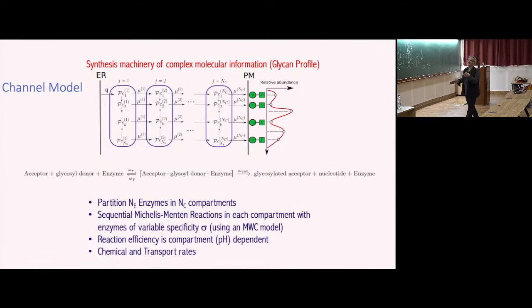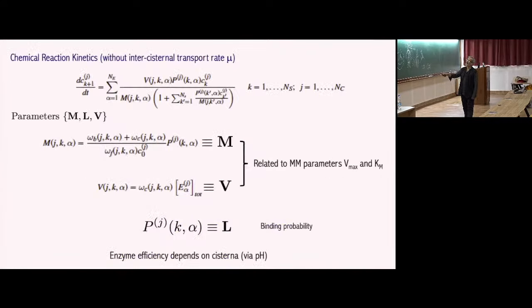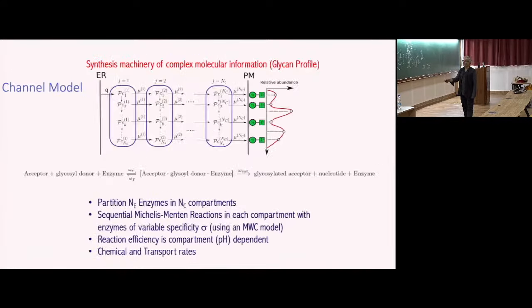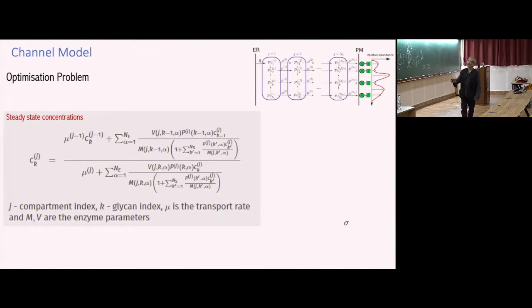We realize that the reaction efficiency depends on the cisternal index J, and therefore is compartment dependent. And one could think of the physical variable, namely pH, as distinguishing the different compartments. And finally, I provided you with the chemical rates given by V and M, okay, and transport rates, which are mu, okay, which I haven't written down, because it's a big expression.